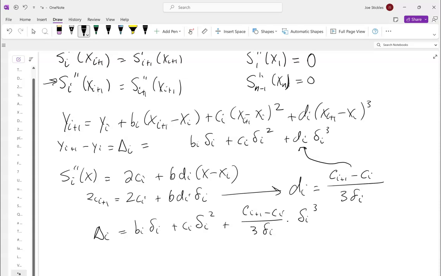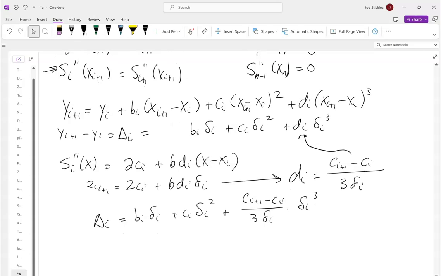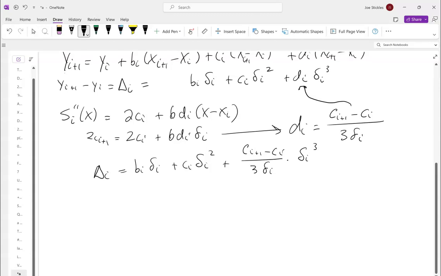Again, I want to find the B in terms of the C's. So I'm going to move everything over and divide by delta sub I. Okay. So what happens when we do that? So let's see, this delta sub I here, I'll get rid of that one. So I'll get a delta sub I squared, right? Let's just rewrite this a little bit.